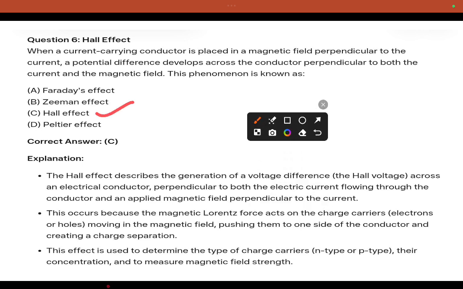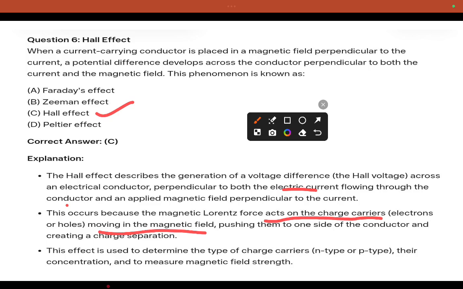The Hall effect describes the generation of a voltage difference across an electrical conductor, perpendicular to both the electric current flowing through the conductor and an applied magnetic field perpendicular to the current. This occurs because the magnetic Lorentz force acts on the charge carriers moving in the magnetic field, pushing them to one side of the conductor and creating a charge separation.